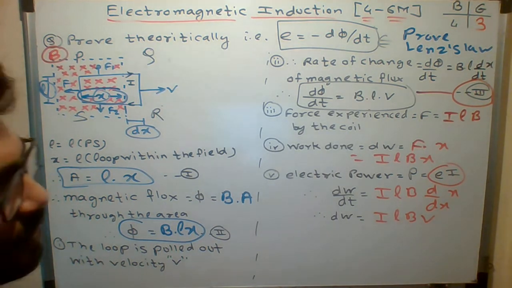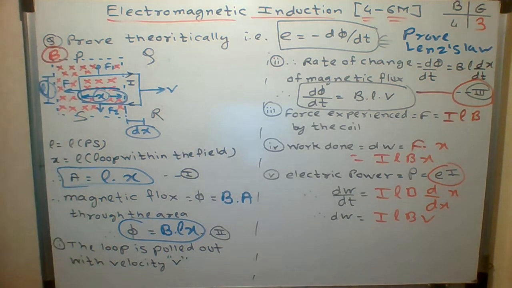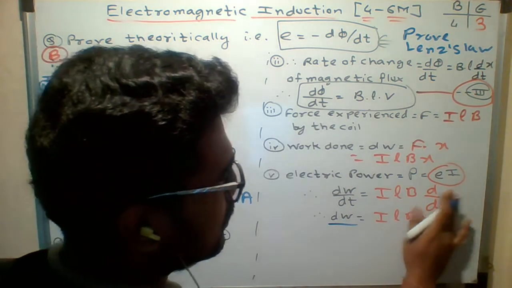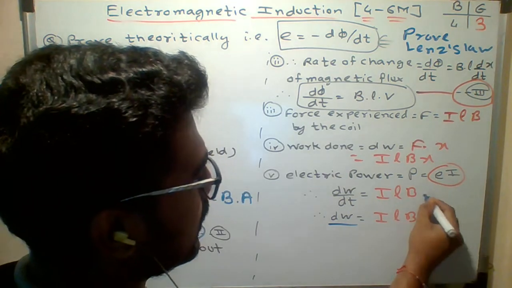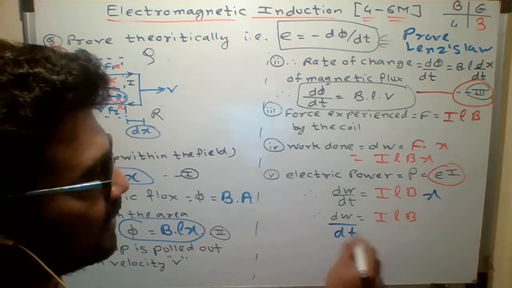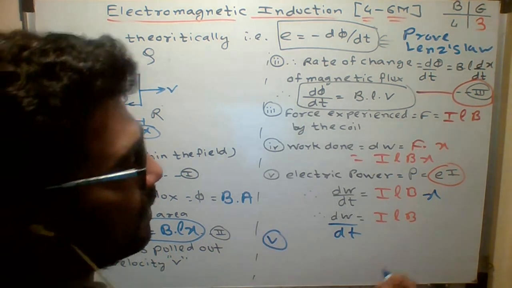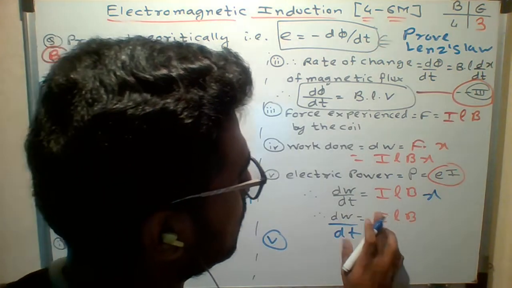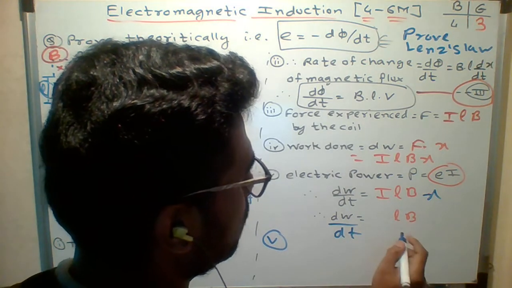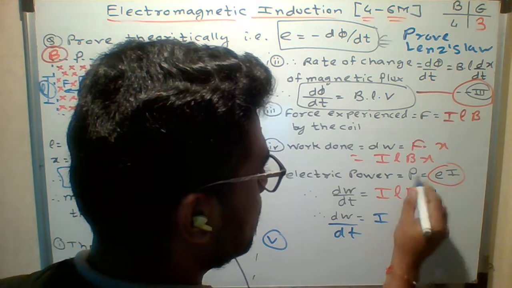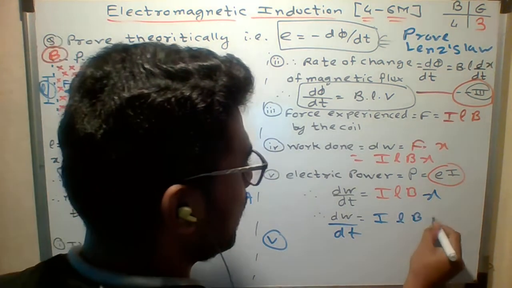Okay, this is dW. So we can compare this particular formula, dW by dt. Let me write it down as it is. Okay, dW by dt. So what will be the final answer, students? If I equate I L B, here also you will get I L B, and this is dx by dt. So power is d by dt of I L B x, dx by dt.